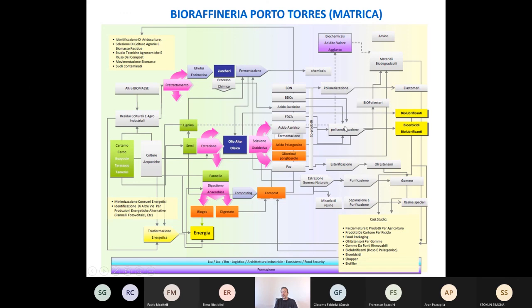biolubricants and bioherbicides. Two important products for agriculture and also for mechanical sectors, biolubricants and bioherbicides, are produced from cardoon in substitution of chemicals and fossil fuel chemistry. But this is not the only goal of this biorefinery.